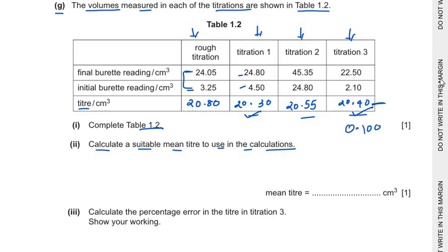So those are the readings we can consider. The readings with a larger difference we cannot consider for the calculation. So for the mean, we take the average of these two readings, and that is 20.35 mean titer for further calculation.